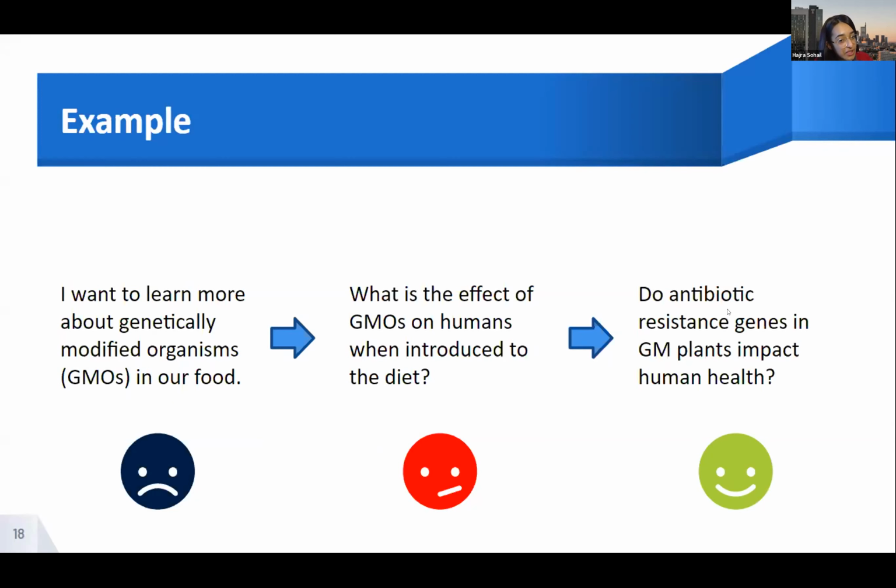So you dive a little deeper and you think, okay, what is the effect of GMOs on humans when introduced to the diet? Pretty good, but we can go a little more specific. Do antibiotic resistant genes in genetically modified plants impact human health? This is more specific.